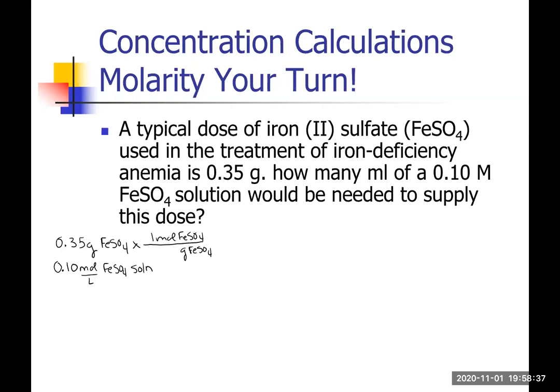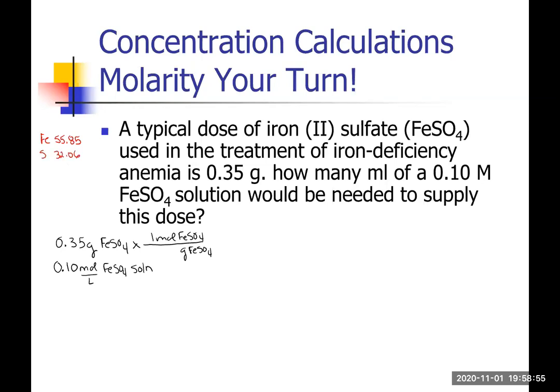I calculate off to the side so that I can demonstrate my calculation. And iron, I know, is 55.85 atomic mass units. And then the sulfur is 32.06.